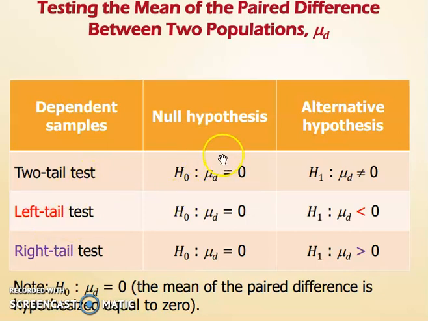For stating the null hypothesis, it's going to be H null: mu d equals 0, whereby mu d is the mean of the paired difference, and H1 is going to be mu d not equal to 0 for two-tail, and for one-tail, less than 0 or greater than 0.